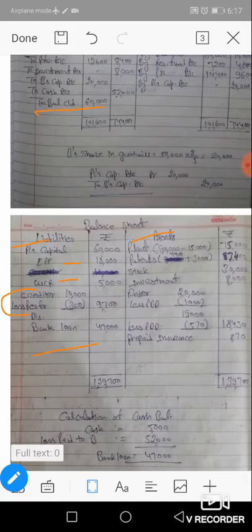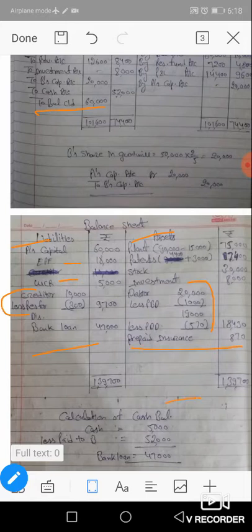Patent 4,400, increase 3,000, 7,400. Stock no change 30,000. Investment 16,000, taken over half by B, then net 8,000 balance. Debtors 20,000, new PBD 1,000 minus, then net 19,000, and 3% discount given, then 570 minus, net is 18,430, and prepaid insurance 870 rupees.